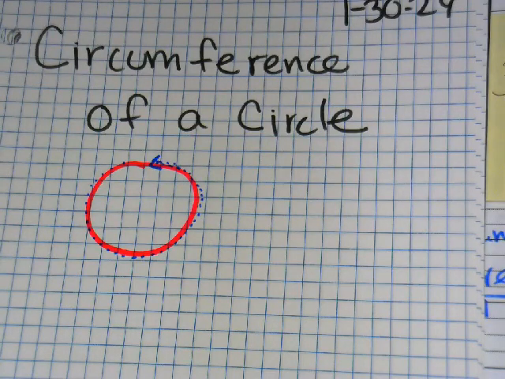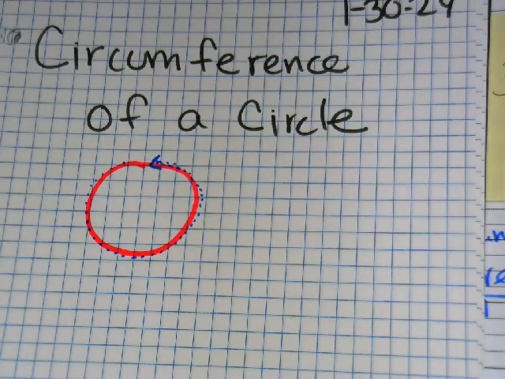But we're special in math. So instead of calling this the perimeter, we made up a new word. Circumference. But circumference is perimeter. It's just of a circle. So when you think of perimeter, you think of circumference, it's the same thing. It's going around the circle. Does that make sense? All right.